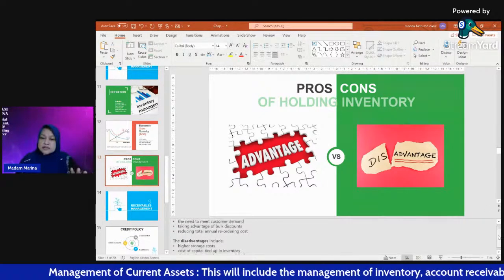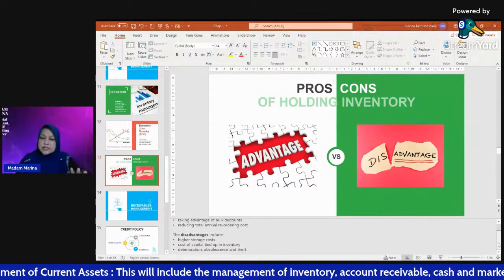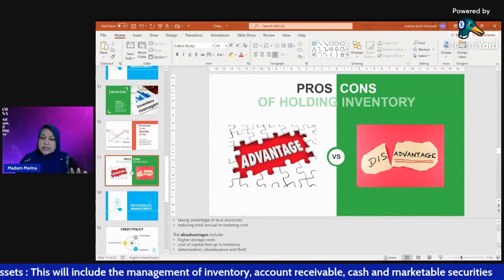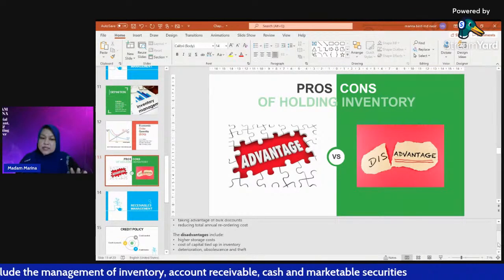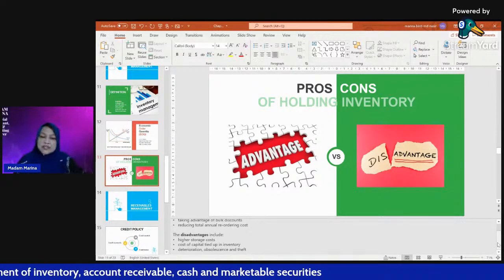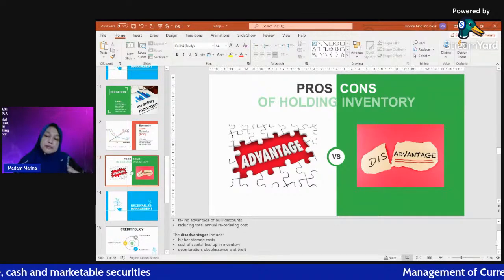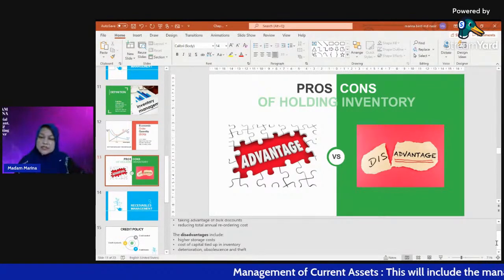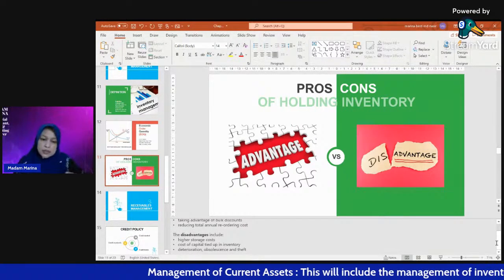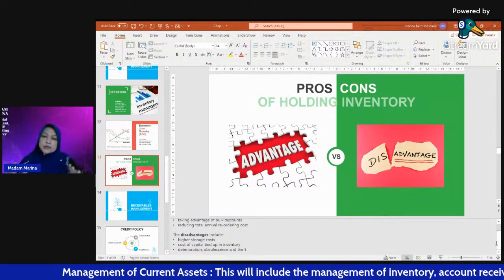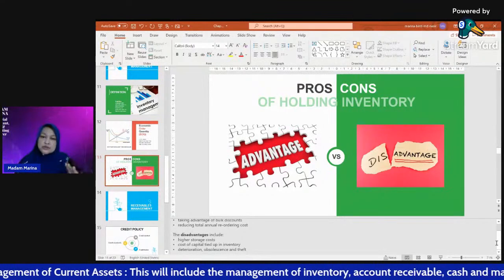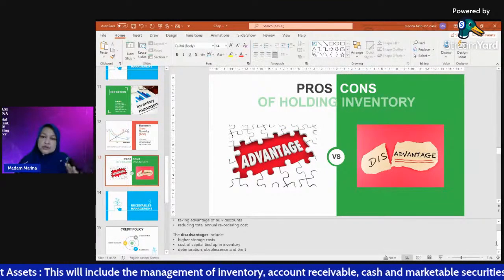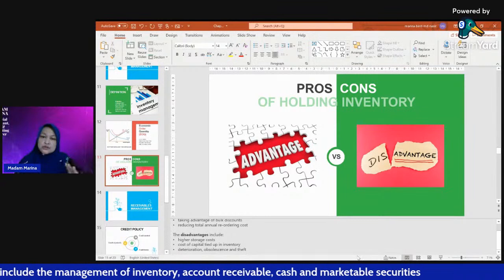Next is the disadvantage. What are the disadvantages of holding inventory? Holding a high level of inventory means higher storage costs. We need a warehouse to store all the inventory, and not a small one, a bigger one, because we need to maintain a high level of inventory. There is also the cost of capital tied up in inventory.